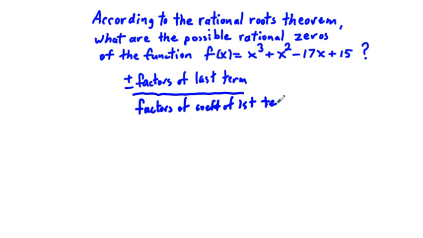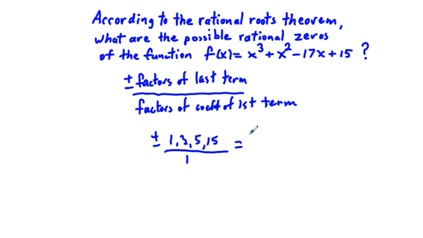So what we're going to have for this is plus or minus the factors of 15. There will be 1, 3, 5, 15 over the factors of the coefficient of the first term, which is 1. So this is pretty simple.